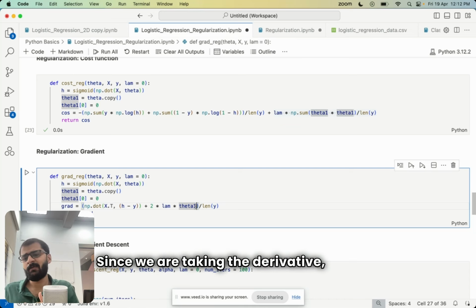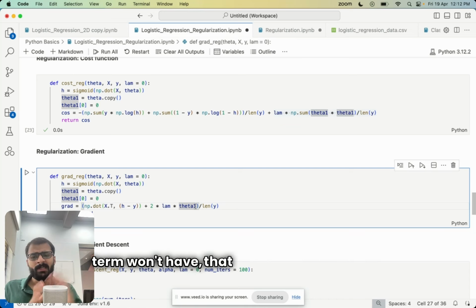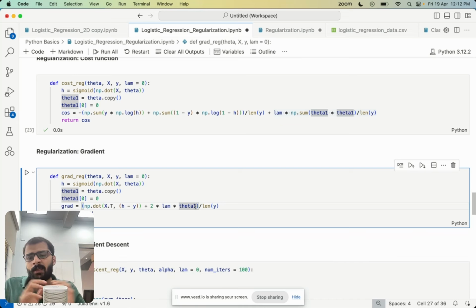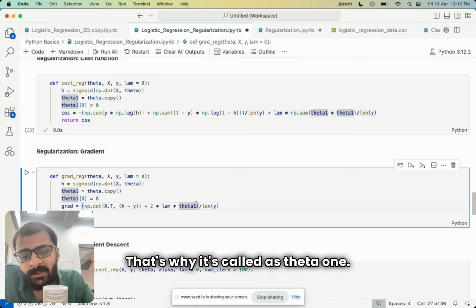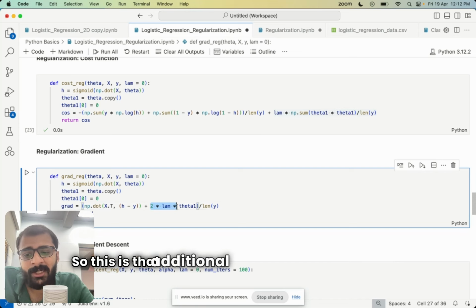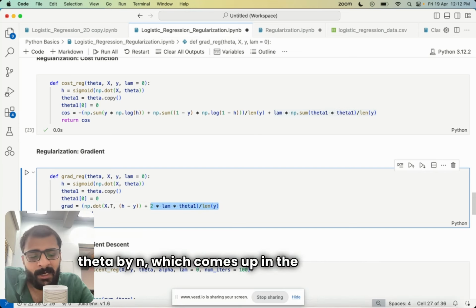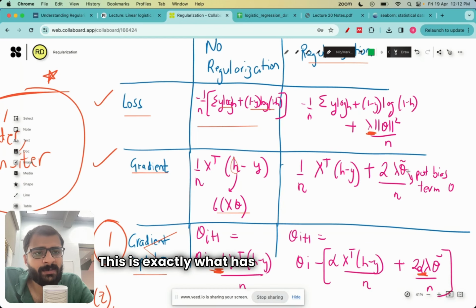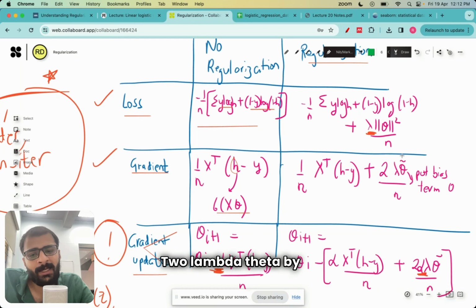Since we are taking the derivative, the bias term will basically drop out. That's why it's called theta 1. So theta 1 is the same as theta but with no bias term there. So this is that additional term which is 2 lambda theta by n, which comes up in the regularization. This is exactly what has been written here, 2 lambda theta by n.